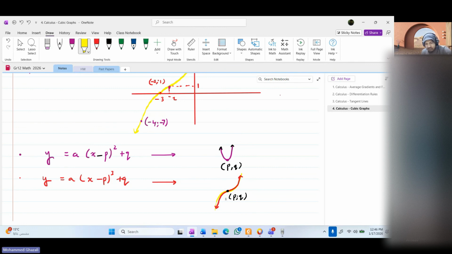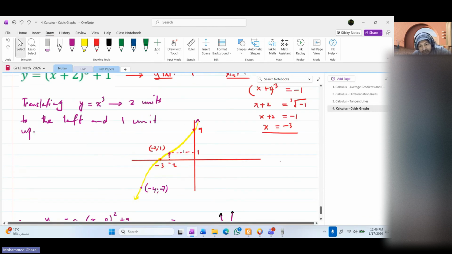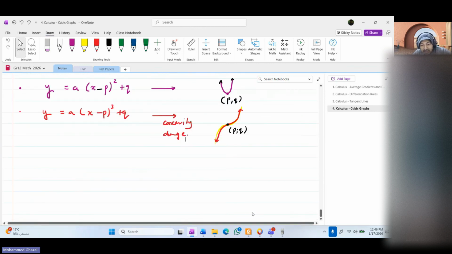Any cubic function in this form has a concavity change at P and Q. Over here, we have a turning point at P and Q. So that's the difference between those two functions. And we can clearly see that is happening here as well. Right. Now, that's good stuff. Excellent. Next part, guys.